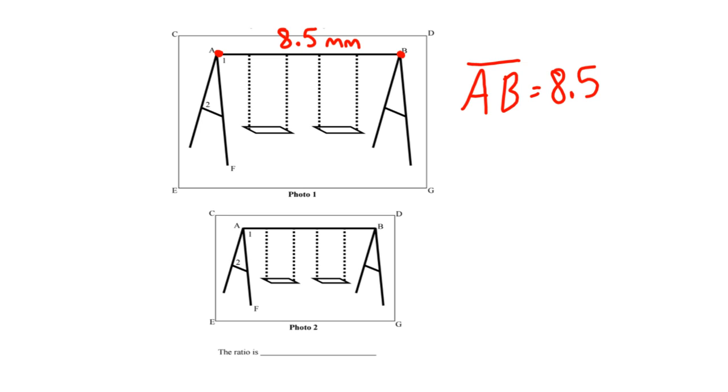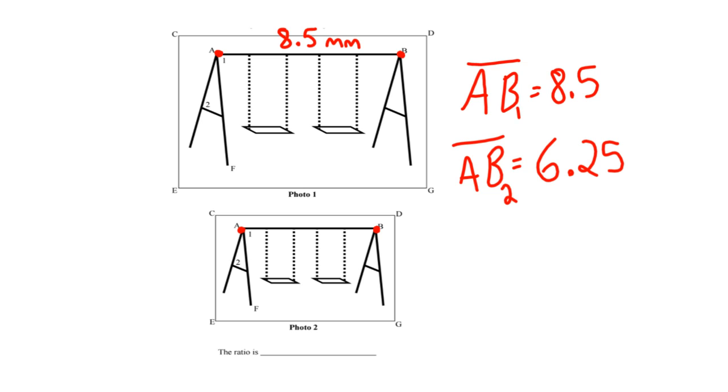Now if I take that same measurement of that same line, line AB, in photo 2, I'll see that I have 6.25 as my measurement. Now remember, this is second photo, this is my first photo. Just a good way to denote that.